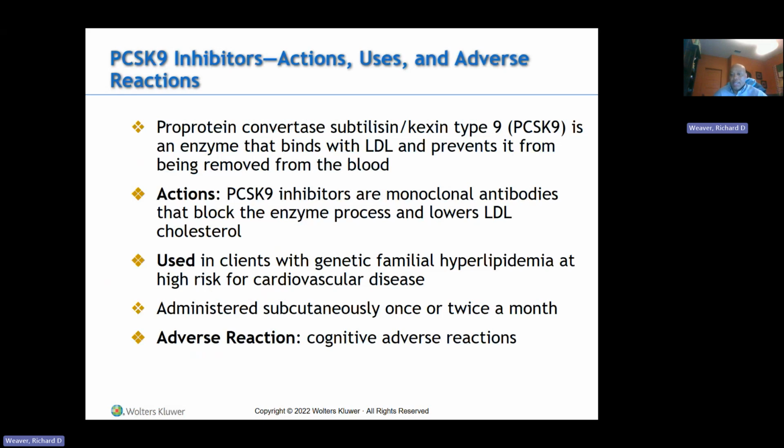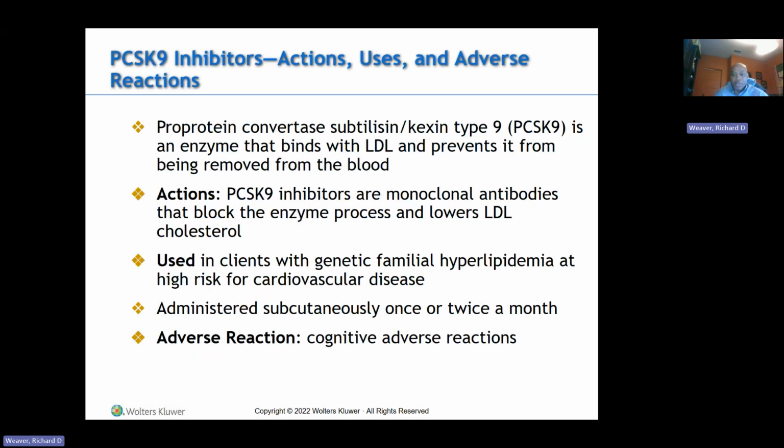It costs roughly $14,000 annually. Now, this is compared with the yearly cost of a statin drug at approximately $250 per year. So if you look at the cost, we already know it just boils down to the money, and so they're likely going with the regular statin type of drugs.